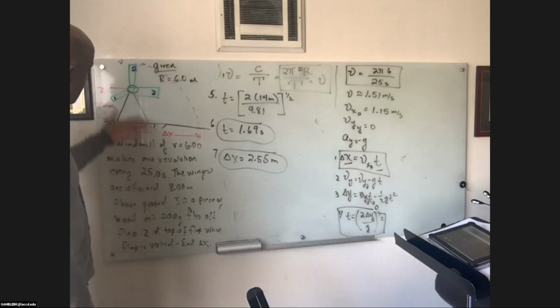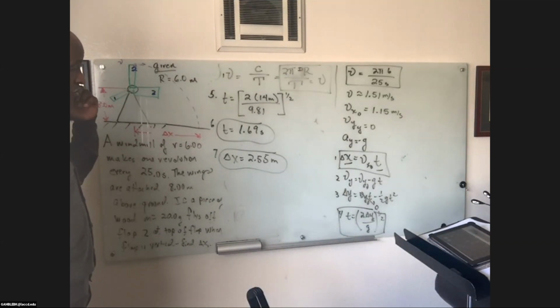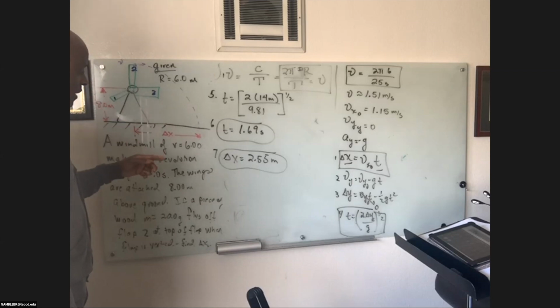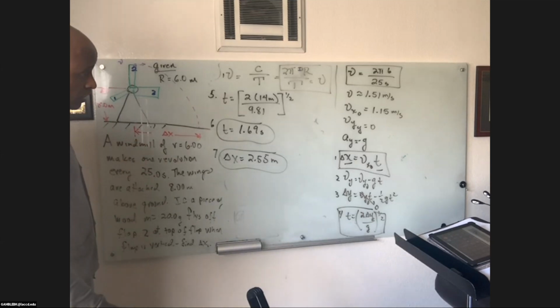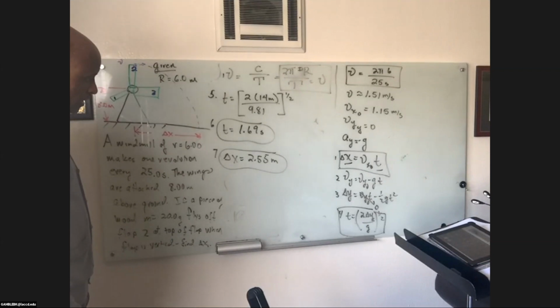This is probably a reasonable number for how fast you might be going around on a Ferris wheel. So let's calculate what the centripetal acceleration is and compare that value to 9.81 to get an understanding of the kinds of centripetal accelerations that you might feel on an everyday basis or in real life.